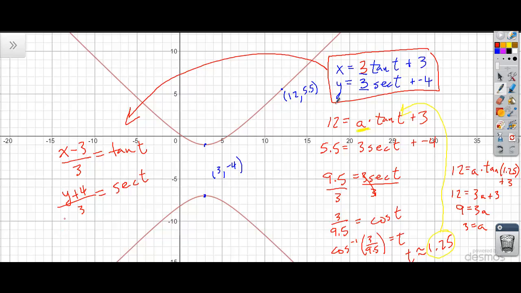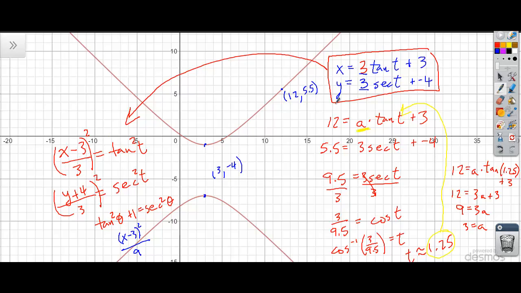I square them. I'm going to square my equations. And then once again, I'm using tangent squared plus 1 equals secant squared of the same argument. So by subbing in, I wind up with x minus 3 squared over 9, which is equal to tangent squared, which is right here in the equation.